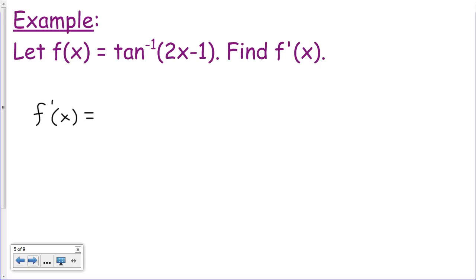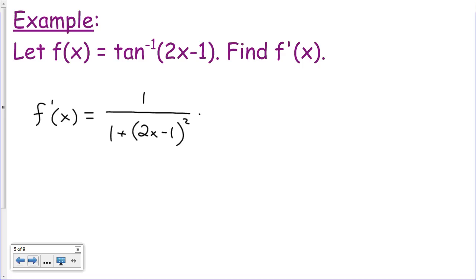So follow chain rule. Chain rule says take the derivative of the outside function, derivative of tangent inverse. We just found out that was equal to 1 over 1 plus something squared. Again, think of that x that's in your rule as a placeholder for you. And then chain rule says you substitute in the inside function. The inside function is 2x minus 1. And then finally we multiply by the derivative of the inside function.